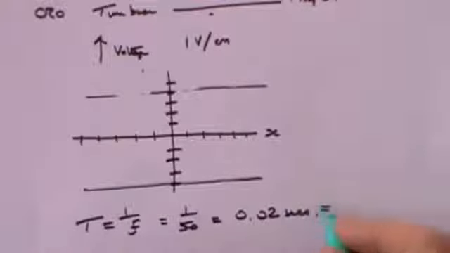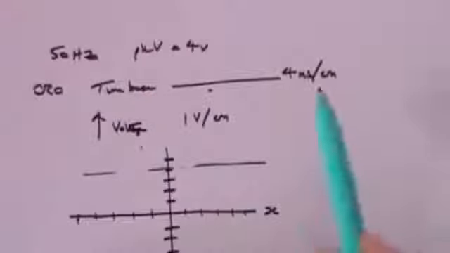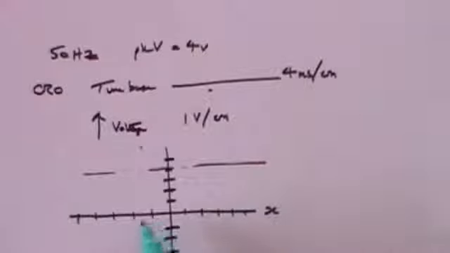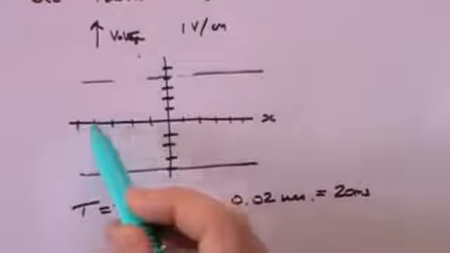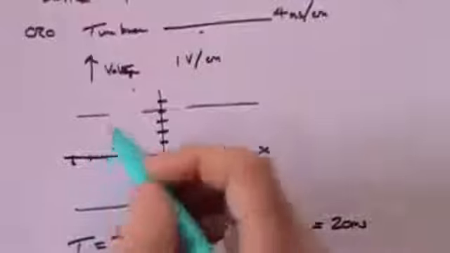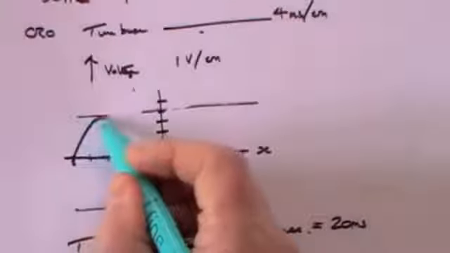And that equals 20 milliseconds. And I told you that the time base was going to be at 4 milliseconds per centimetre. So every one of those is 4 milliseconds, but the complete wavelength will take 20 milliseconds. So we will need 1, 2, 3, 4, 5 for a complete wave. And that's a wave that will look like this.